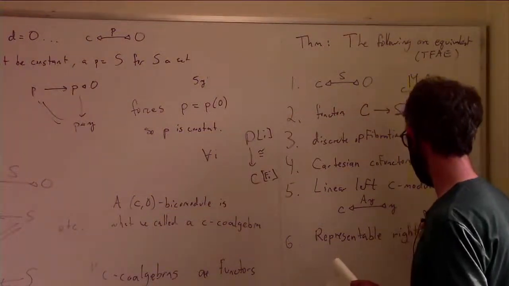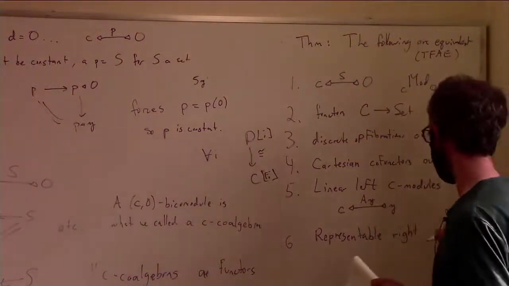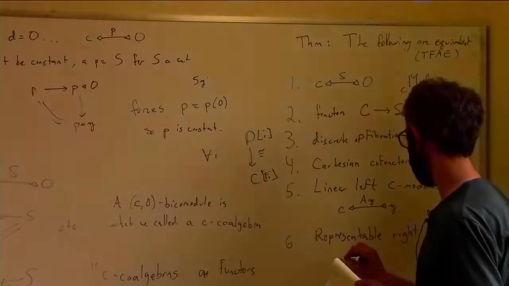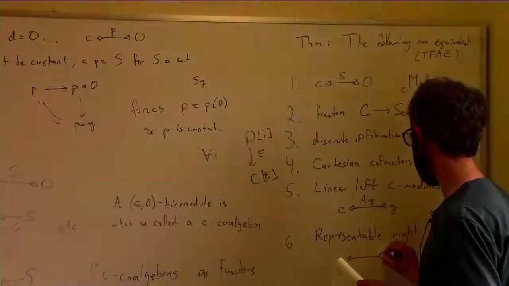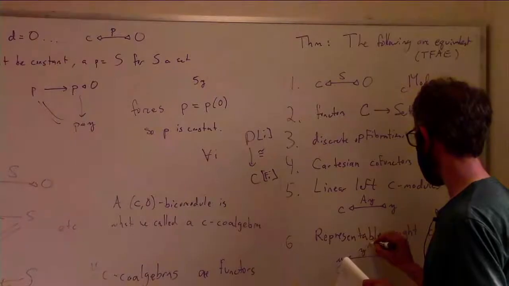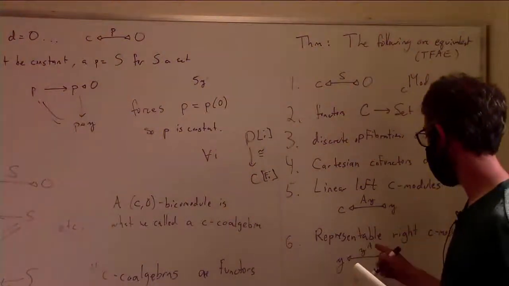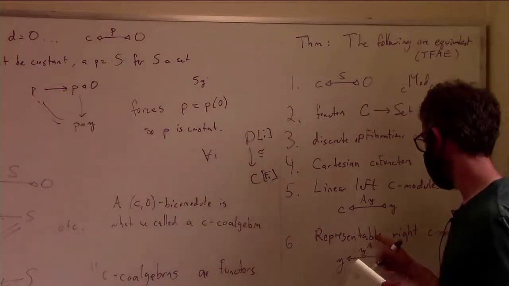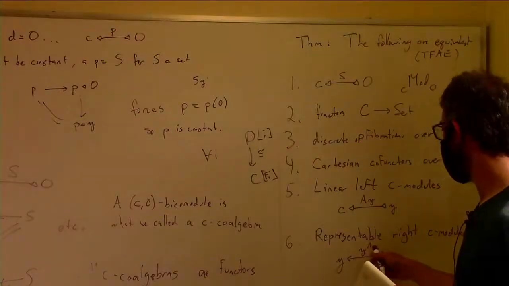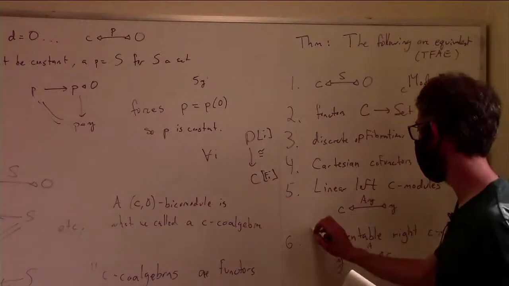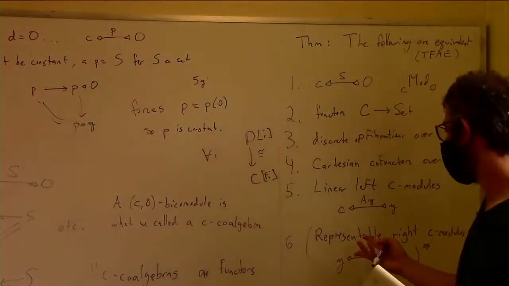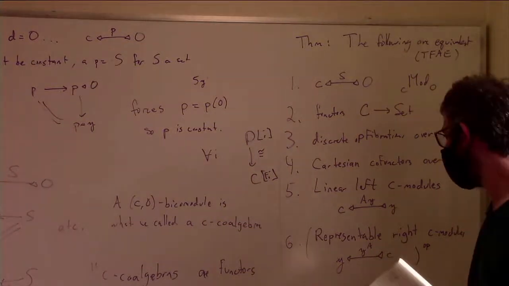So linear left C modules and representable right C modules. Remember, a right C module is a Y bimodule. If it happened to be of the form y to the A for some set A, then the category of these is equivalent to this one, although I need to op it. These are backwards, but the objects are the same, and they're just mapped the opposite way.